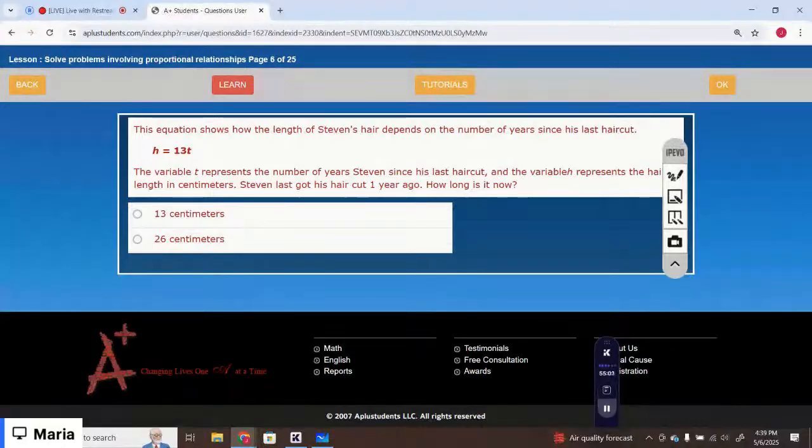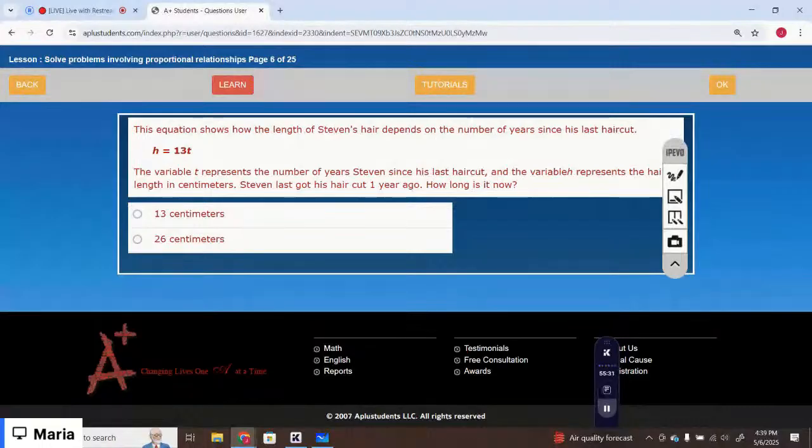The equation shows how the length of Steven's hair depends on the number of years since his last haircut. The variable T represents the number of years since his last haircut, and the variable H represents the hair length in centimeters. Steven last got his haircut 1 year ago. How long is it now?